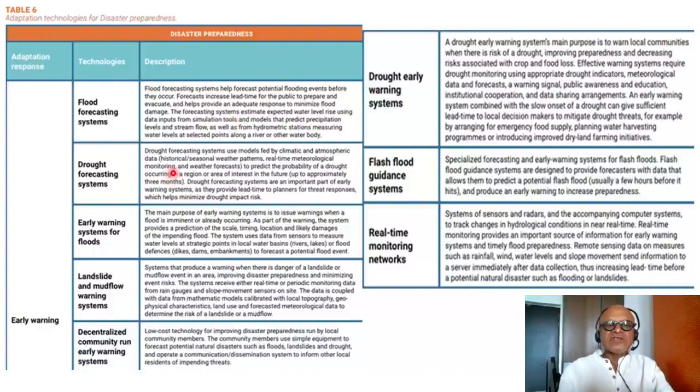Drought forecasting system. Drought forecasting systems use models fed by climatic and atmospheric data, so historical seasonal weather patterns, real-time meteorological monitoring, and weather forecasts to predict the probability of a drought occurring in a region or area of interest in the future up to approximately 3 months.